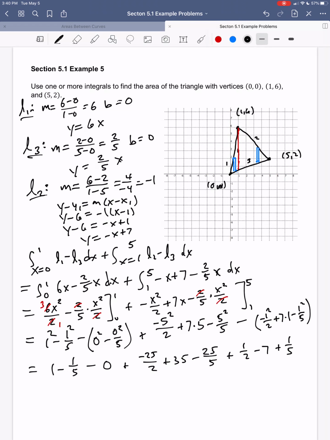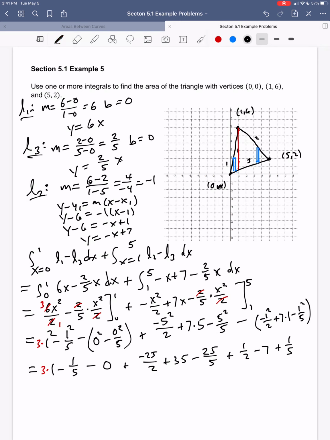Oh, I knew I was doing something wrong. I knew I was missing something. Okay, back here, I forgot that 3, right? It wasn't just x squared, it wasn't just 1 squared, I had a 3 in front of it. So that should have been a 3 times 1 squared. So that's a 3 times 1, that's a 3.